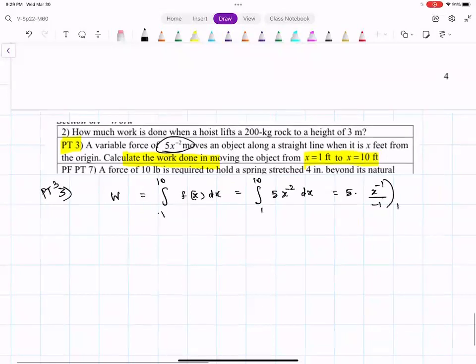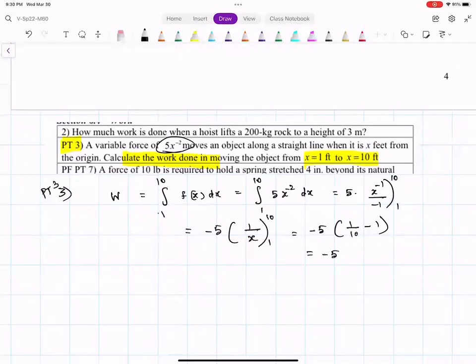When you integrate, you have to plug in 10 and 1 for the upper limit and the lower limit. So it is negative 5 times 1 over x between 1 and 10. So it is negative 5 times 1 over 10 minus 1. So it is negative 5 times 1 minus 10 over 10, so negative 9 over 10.